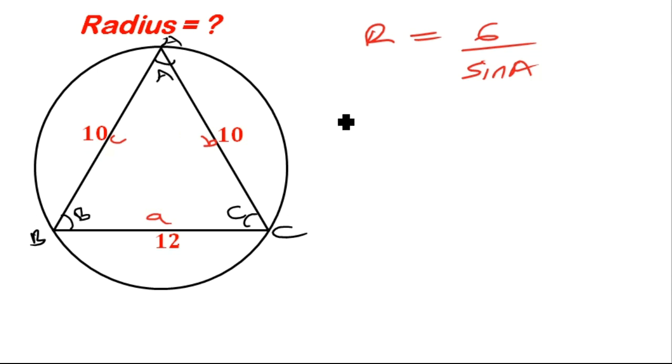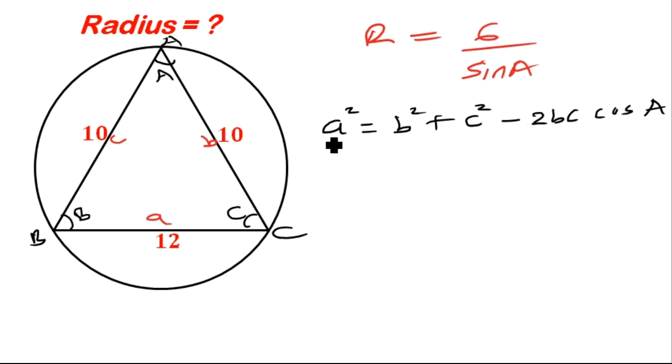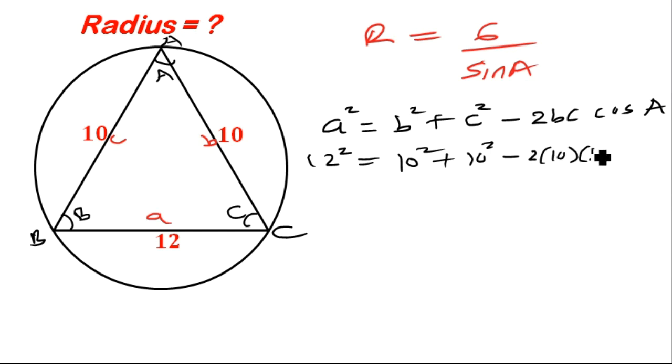If we choose angle A, we will start with a squared equals b squared plus c squared minus 2bc cosine of angle A. Now if you do the substitution, side a is 12, so that is 12 squared, equals 10 squared, since side b is 10, plus 10 squared, since side c is 10, then minus 2 times b times c, that is 2 times 10 times 10, then cos A.